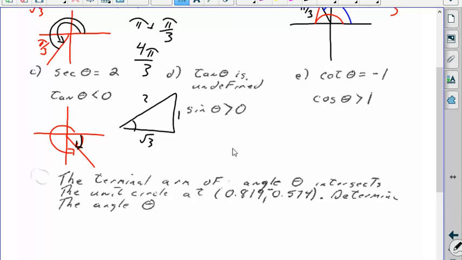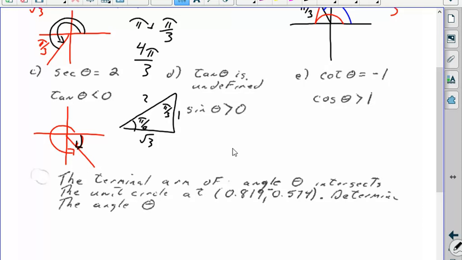Now we're going to stay speaking radians, so this is going to be pi over 6, pi over 3. Secant is equal to the reciprocal of cosine, so that would be hypotenuse over adjacent. Hypotenuse over adjacent is pi over 3.